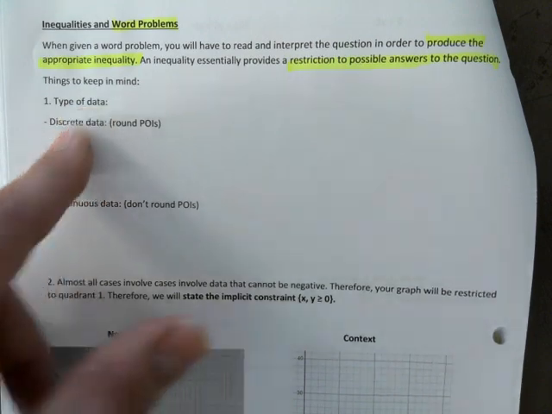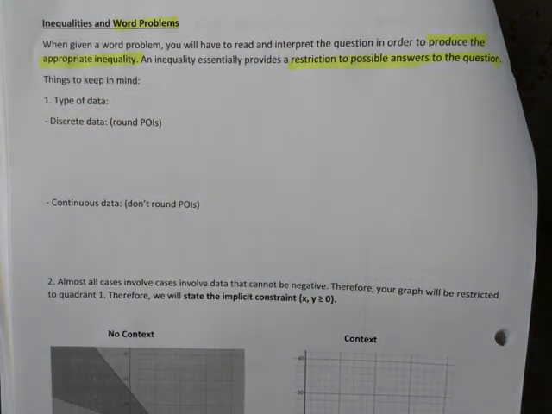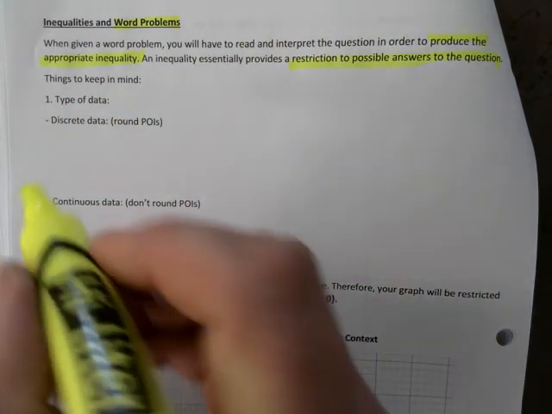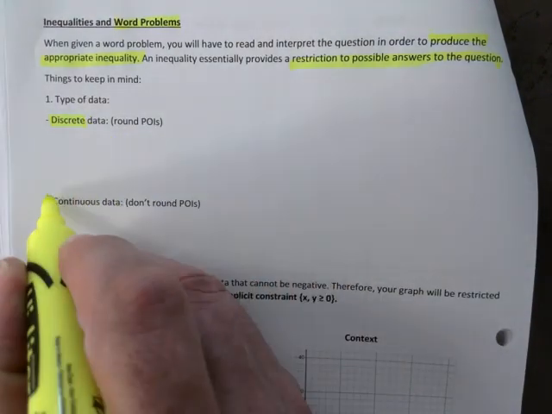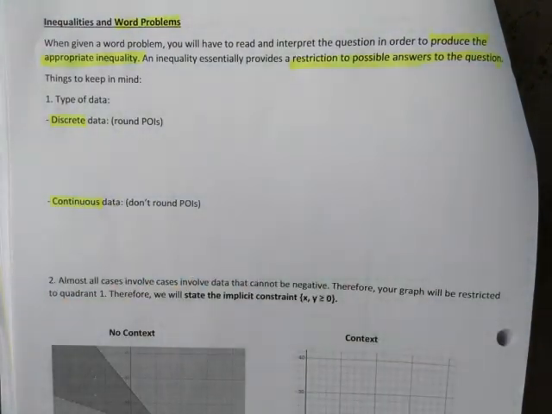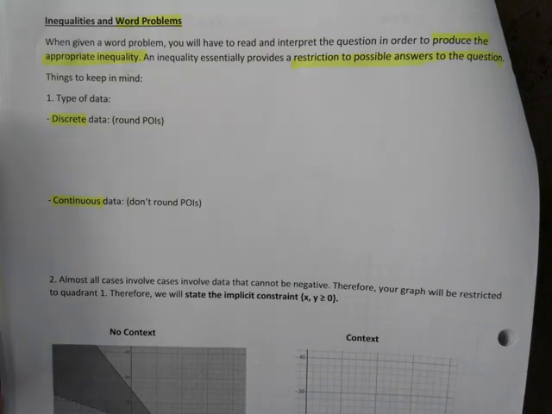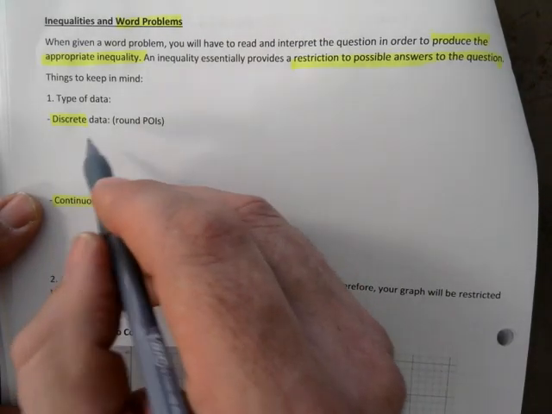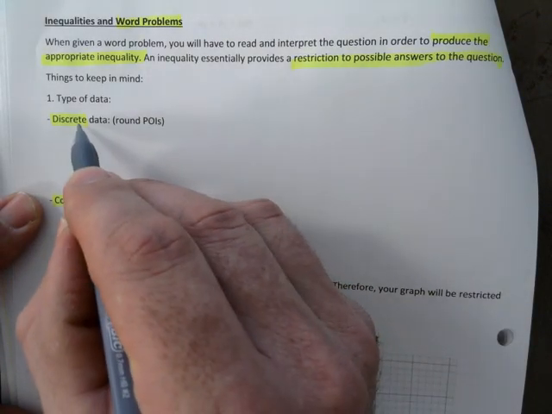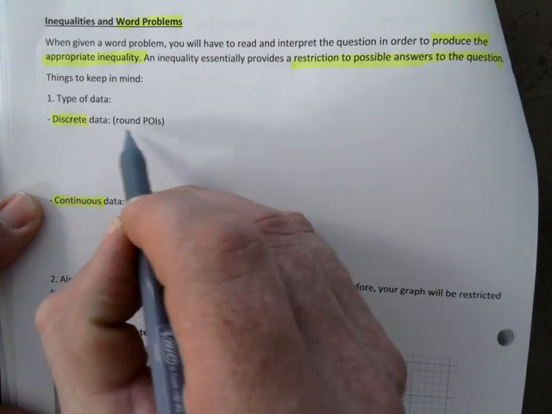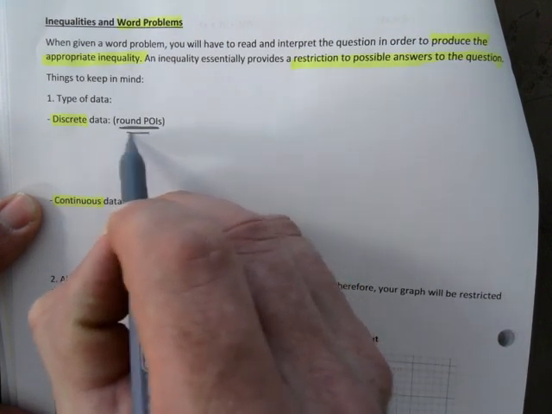The things to keep in mind: the type of data that we're going to deal with. So we have our classic discrete versus continuous. Does that ring a bell? It comes up in other subjects as well, right? It's not just math specific. So when we have discrete, you need to round POIs.